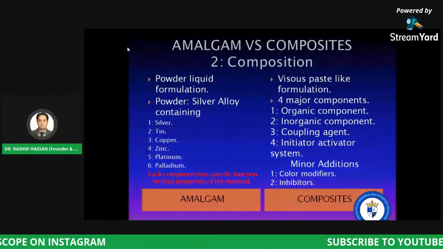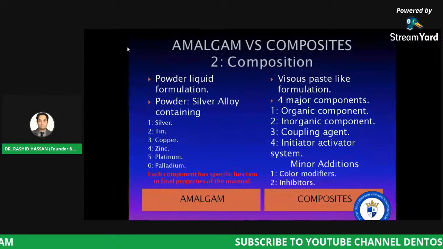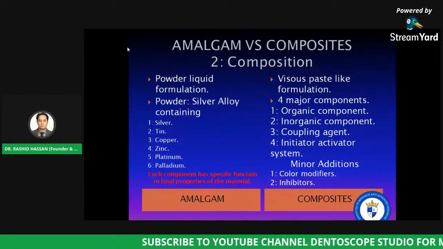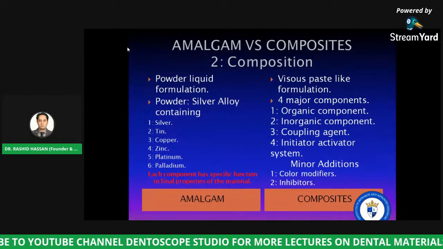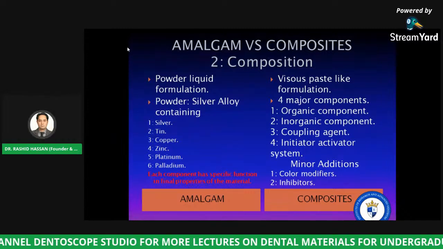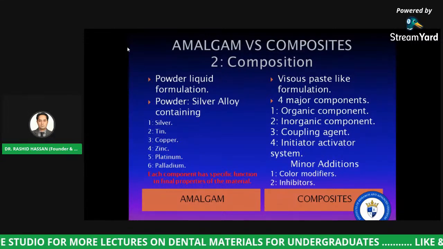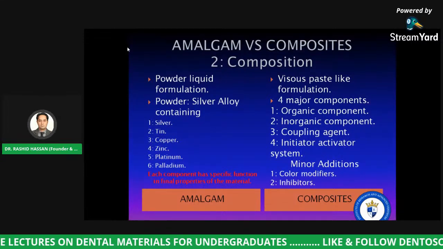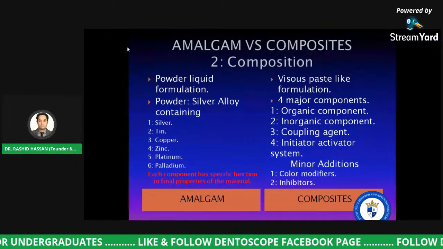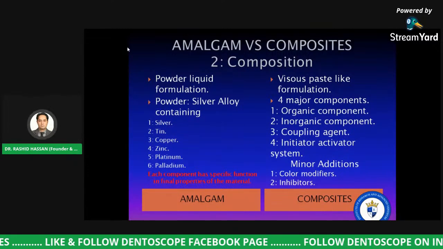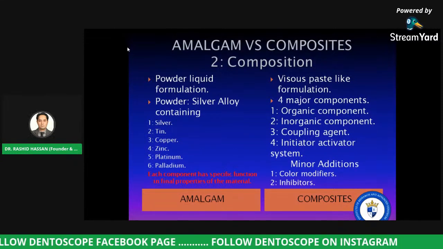Talking about the color modifiers, I told you in my last lecture. I will give the link of that lecture in the description as well, and you can go through that complete lecture on dental composite. In that lecture, I told you that the color modifiers are added. These color modifiers give different shades to the dental composites.